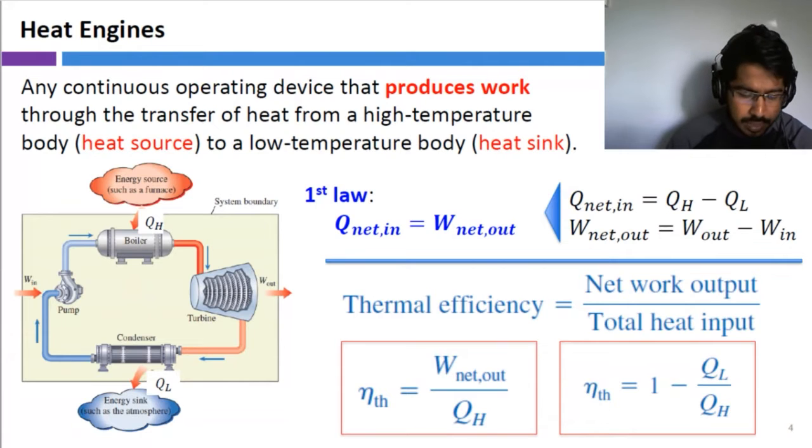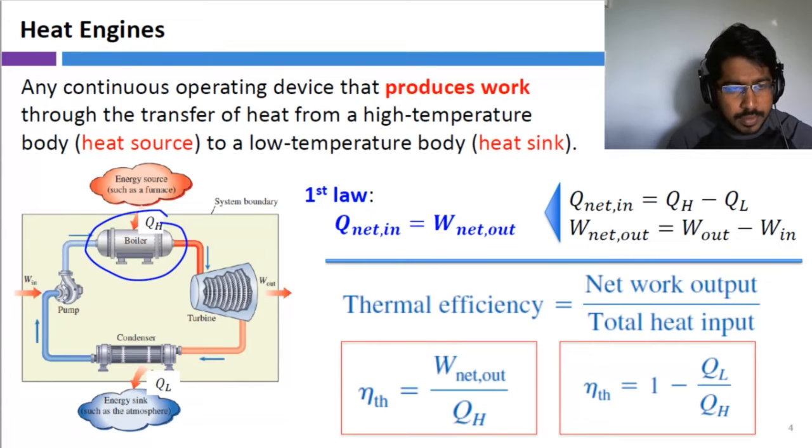So here, down here, you see a steam engine, right? If you look at the working process of this steam engine, let's start at the boiler. Here we add heat so that we can heat up the water and create steam, right?